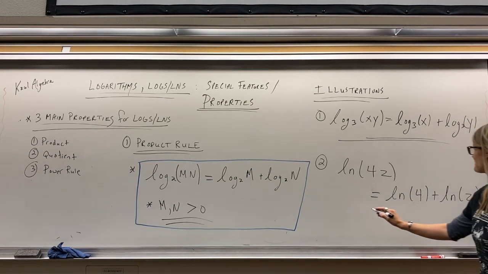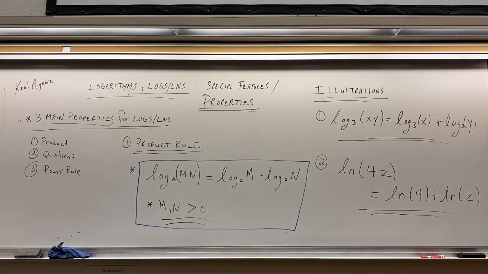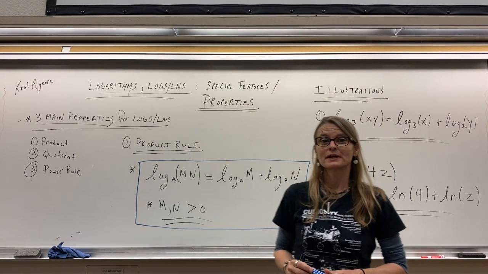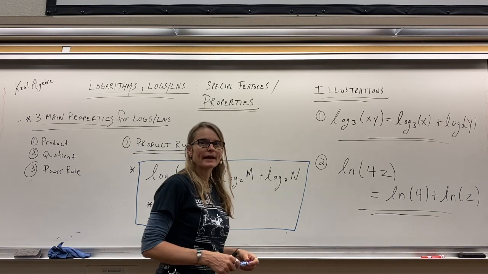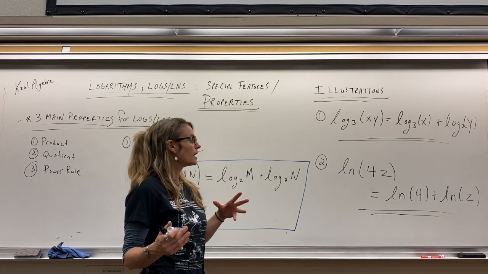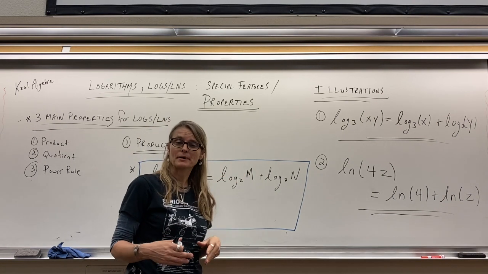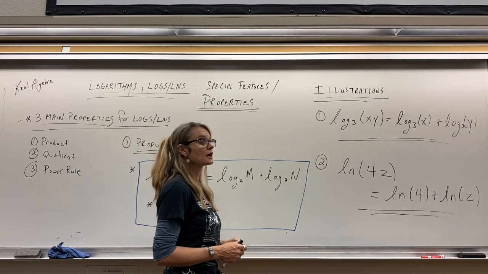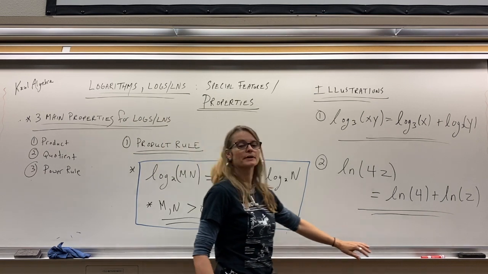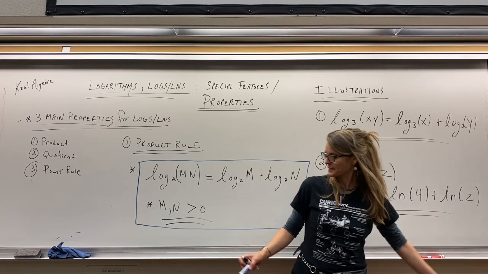So I could split it up into two natural logs. That's how you apply the product rule. Now, typically in a problem you would have a combination of properties to apply. You might have to use the product rule and the power rule together. We'll get to more of those complex examples after we go through all three properties.